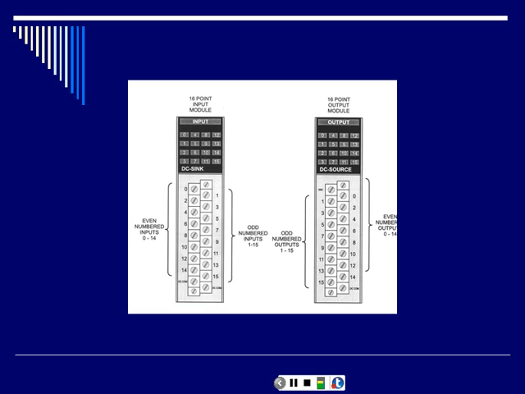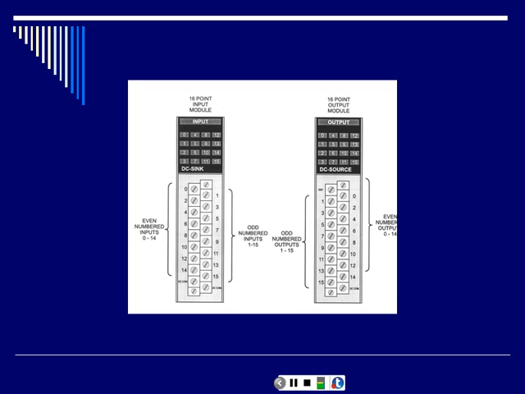So this is a 16-bit module, okay? It has 16 screws, but it's 0 to what? 15. There's 16 screws that I can attach to for an input, but it's 0 to 15, not 1 to 16. Remember me telling you you might want to get some of those little tag things, those flag things?